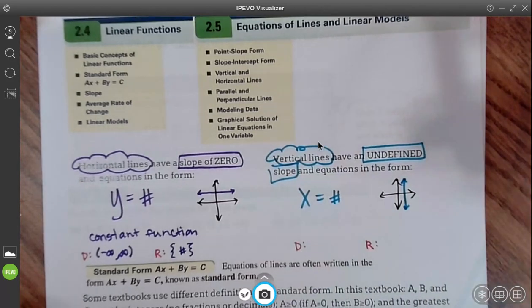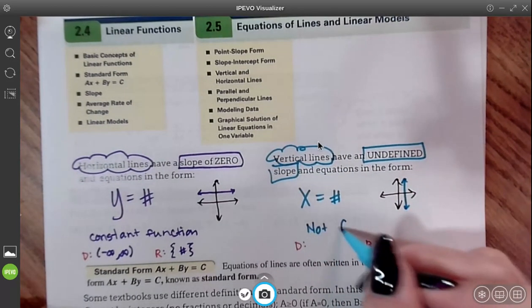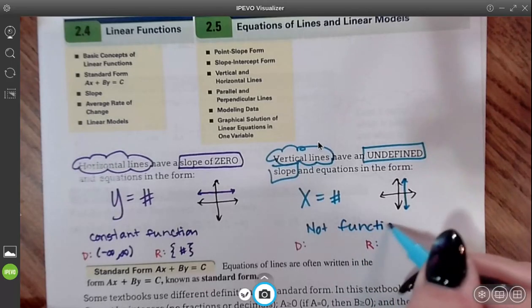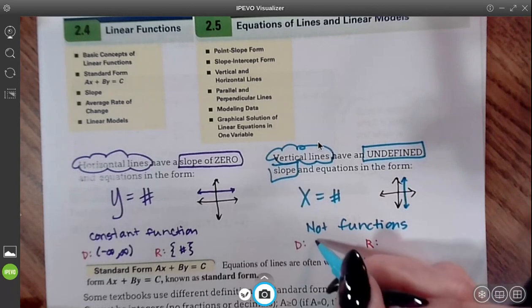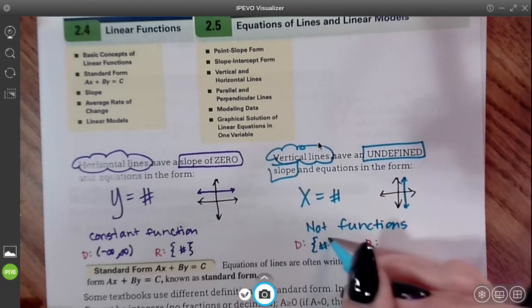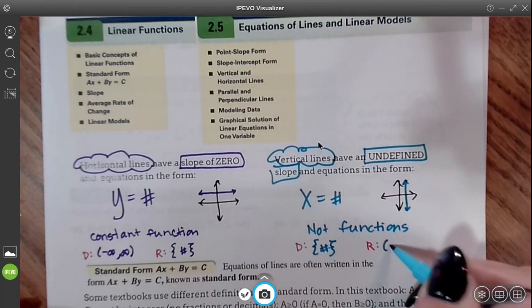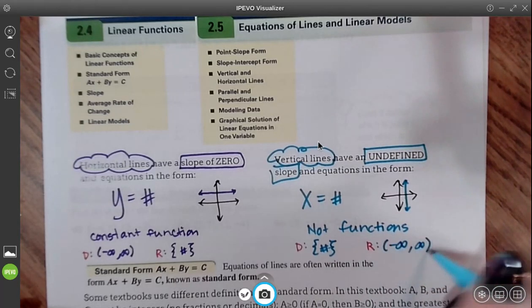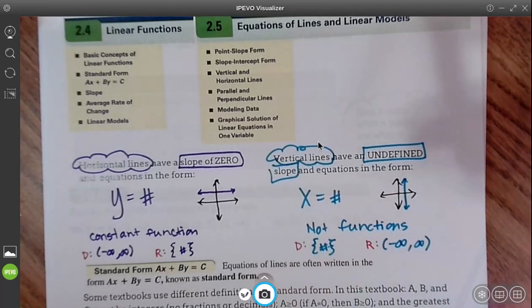It is vertical. Vertical lines are not functions because they fail the vertical line test. The domain for a vertical line is going to be whatever number that vertical line goes through, and the range will be all real numbers because when we scan the graph bottom to top, it covers all of the y values.